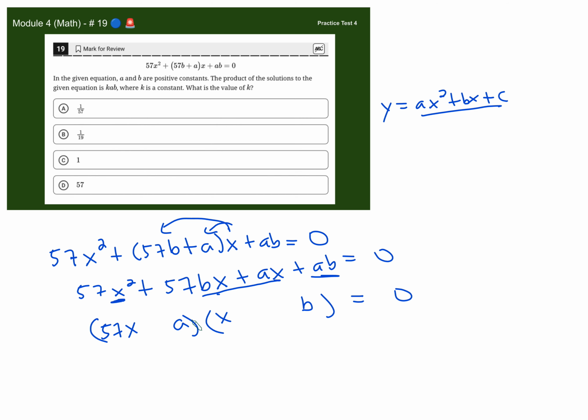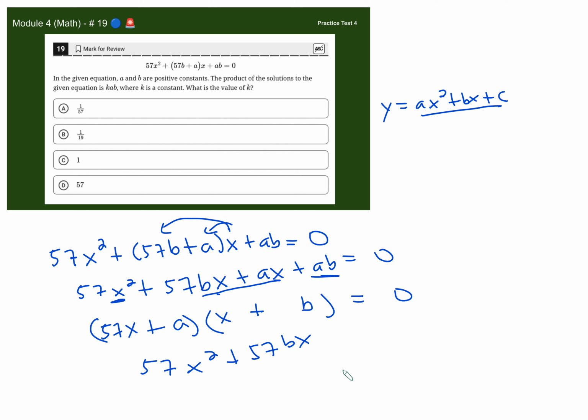And then if I do my inside, that's, yep. And everything's positive here, so I'll make it positive. You can just double check this if you want. If you completely FOIL this open, you get 57x squared plus 57bx plus ax plus ab, and that's this right here, right? Okay, so we did it right.